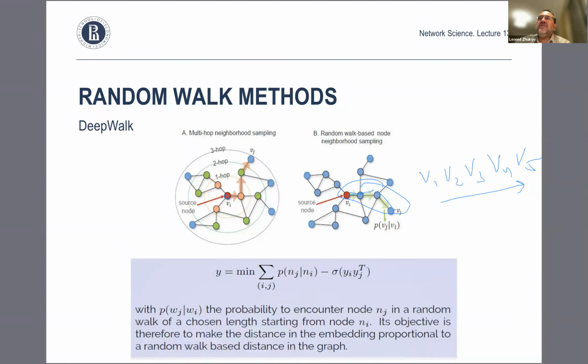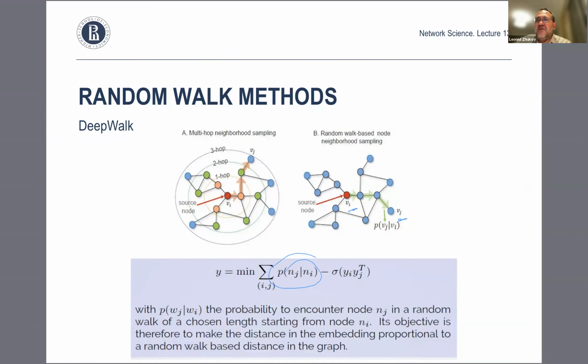Now, what are we actually optimizing when we do this type of embedding? In a random walk, we are estimating the probability that starting from node i, you end up on node j.